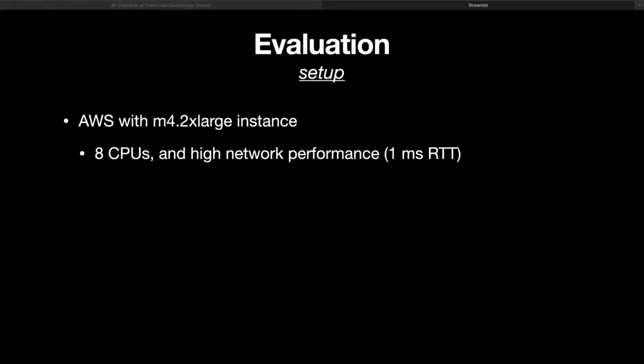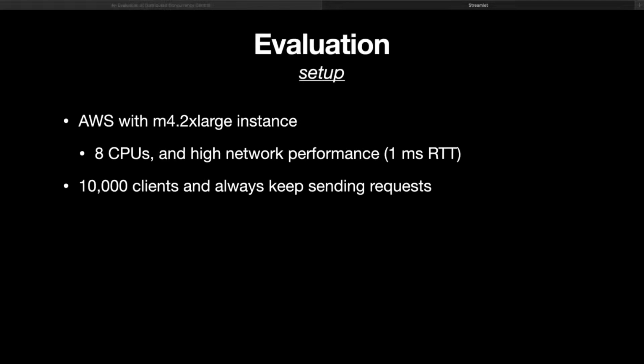Now, having gone through that summary, we can look at the evaluation. It's pretty standard. They set up AWS instances for clients and servers with 8 CPUs, and have chosen a setup with very high network performance, so the round trip time is 1 millisecond.